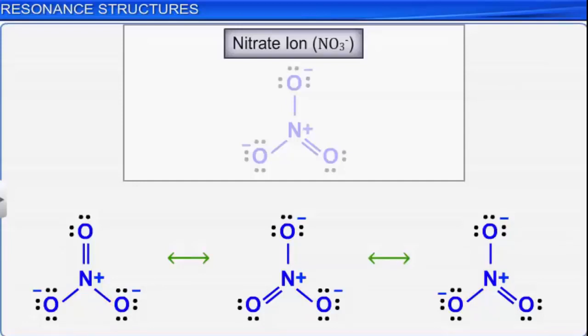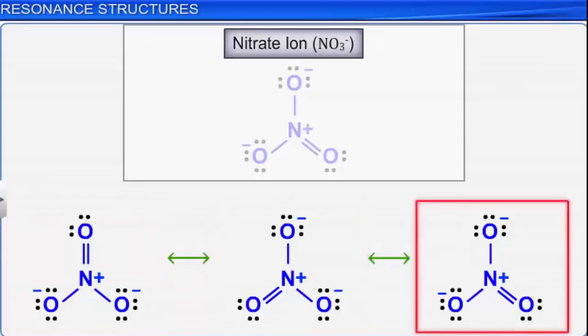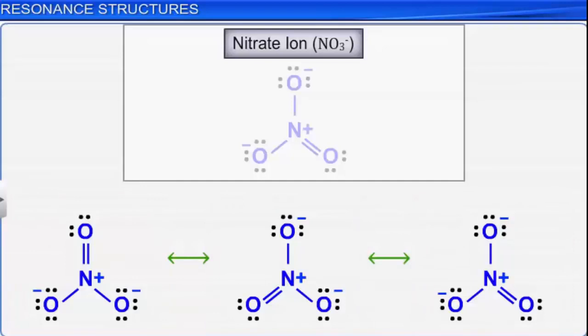Hence, the resonance hybrid of these three structures depicts the equivalent nature of the nitrogen-oxygen bonds. Therefore, the nitrate ion is best described as a resonance hybrid of the three possible canonical forms as shown here.